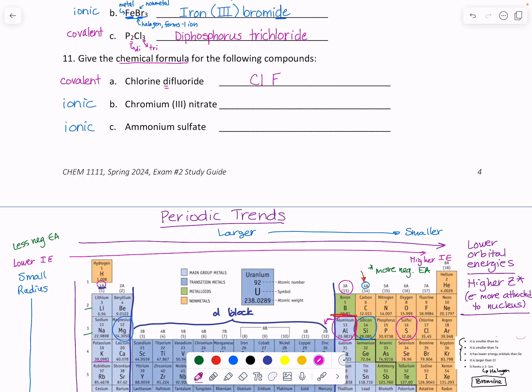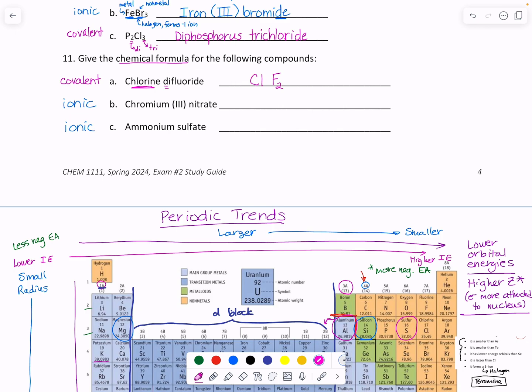I only have one chlorine because there's no prefix, so I don't need to write a 1 there. Now the fluorine, I have 2, so I need to write the 2 there. So that's chlorine difluoride.